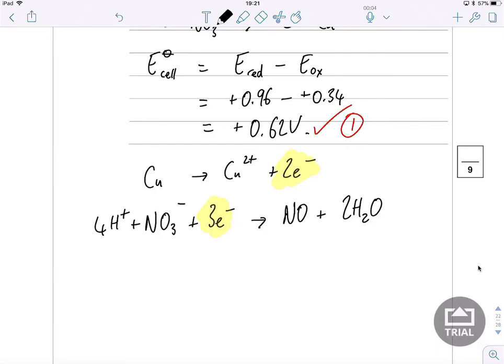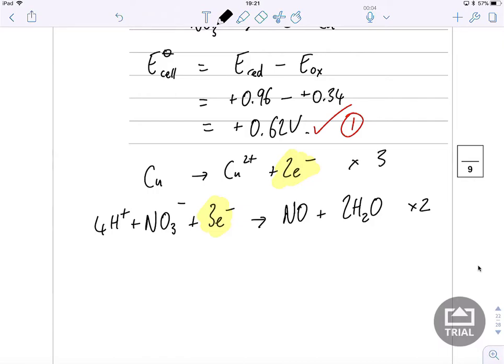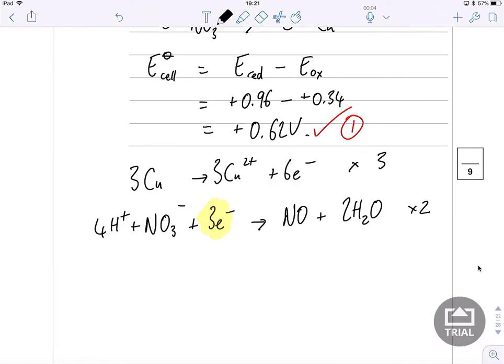I need to make them equal each other. To do that, I need to times this equation by 2, so I get 6 electrons, and the top one, the copper one, by 3, so I get 6 electrons. So if I do that, I'd get 3 of those, and I'd get 6 electrons.